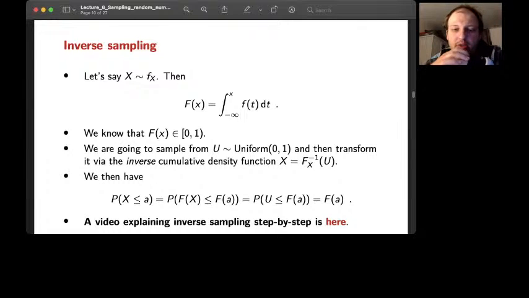So for inverse sampling, the main idea is to use basically a transformation trick that we talked about in the previous lecture, to go from the density of one function to another.